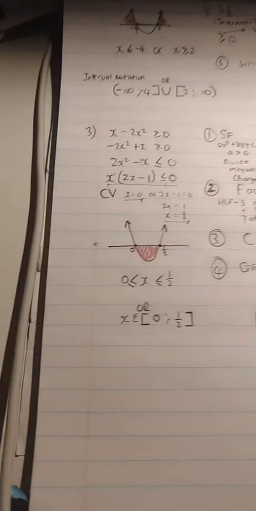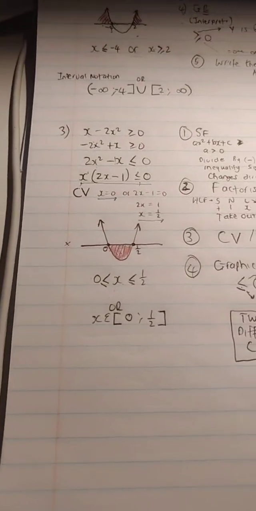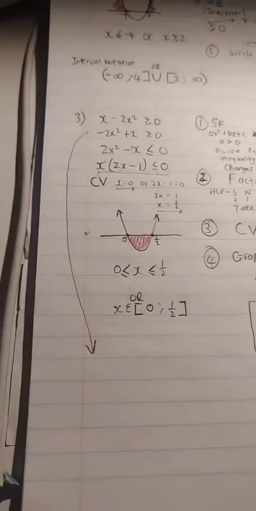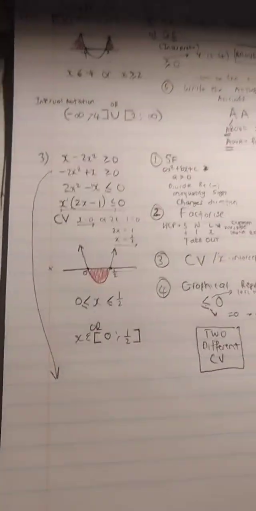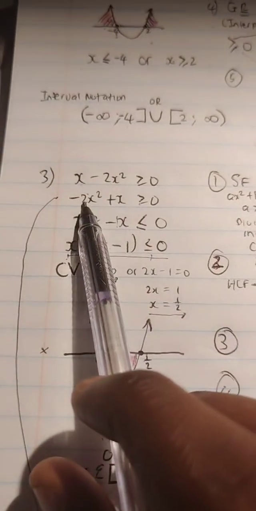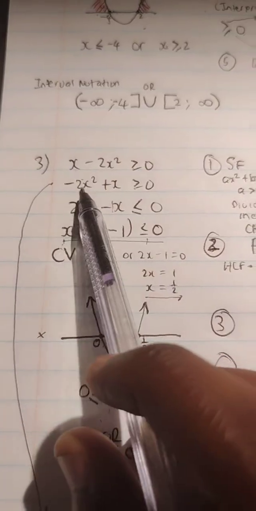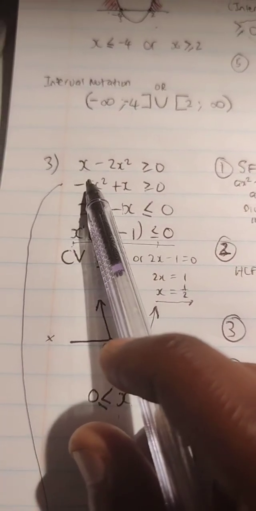I want to say that as well, guys, sometimes you will see maybe in the memo that some of the time you may find, if you look at this standard form here, the A value here is negative.